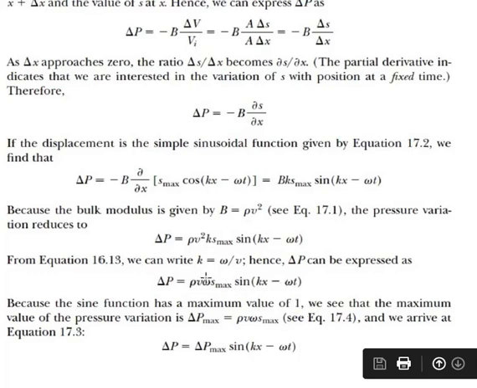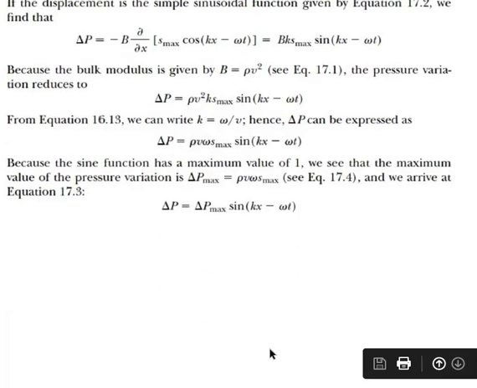So what is this now? This thing, rho v omega s maximum, is actually delta P maximum, and thus we arrive at the result delta P is equal to delta P maximum into sine of kx minus omega t.